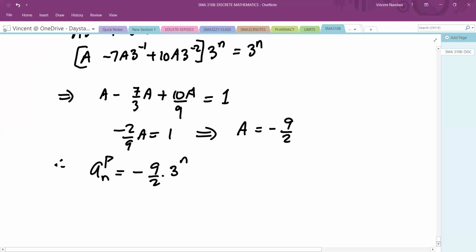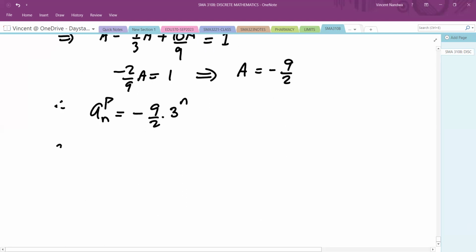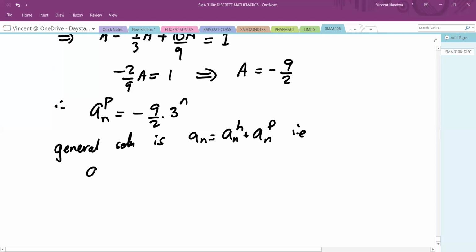So the general solution is given by the sum of the homogeneous solution and the particular solution, which means a_n is going to be alpha 1 times 2^n plus alpha 2 times 5^n minus 9 over 2 times 3^n.